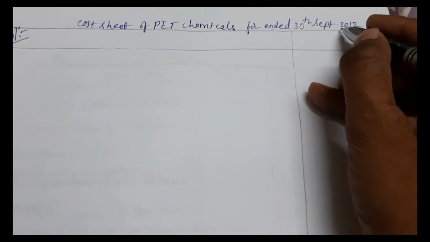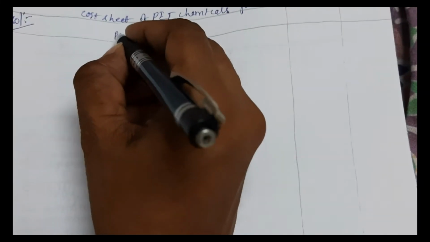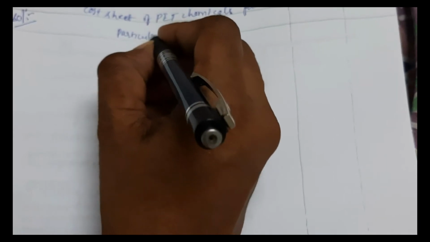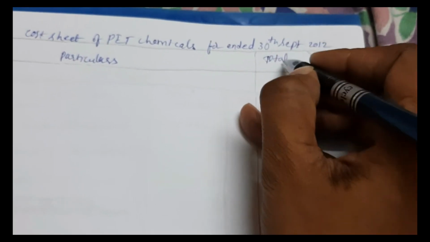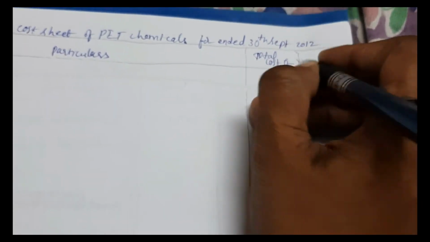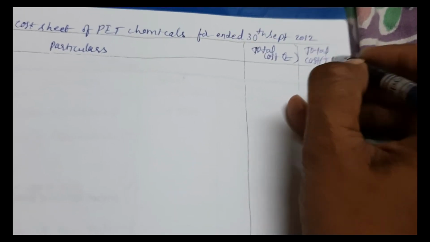Number of units are not given. If given, we need to write here. And it is a statement consisting of particulars, then total cost in rupees, this also total cost in rupees, inner column and outer column.